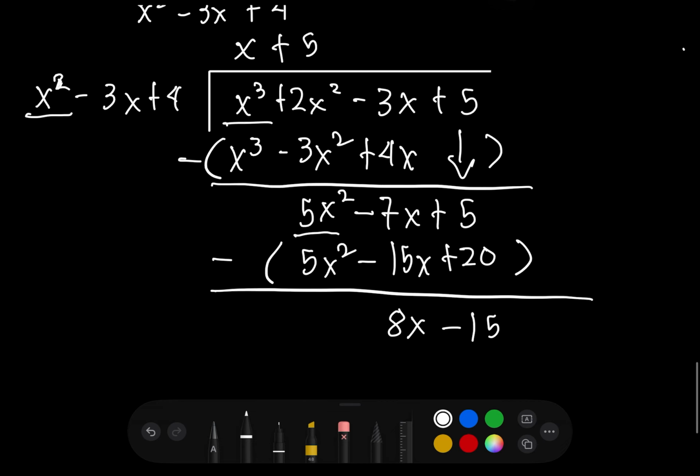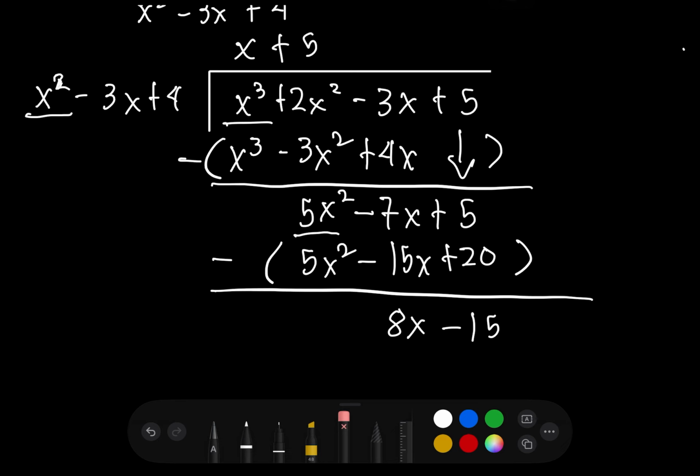Now, since we cannot divide anymore the x squared to x, 8x over x squared, it cannot be, mag-i-stop na tayo dyan. Okay? Therefore, ang answer na natin is x plus 5 and the remainder is 8x minus 15.